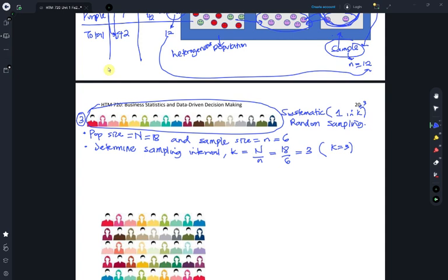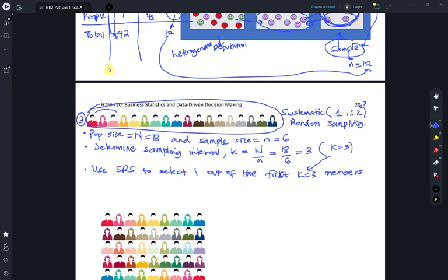Okay, how am I going to select 1 in every 3? I would get a sampling frame. The sampling frame would be a list of all of the population units listed in some order. I might use their last names to list them alphabetically because that will be subject to chance. So based on this, I would use simple random sampling to select 1 out of the first K equals 3 members.